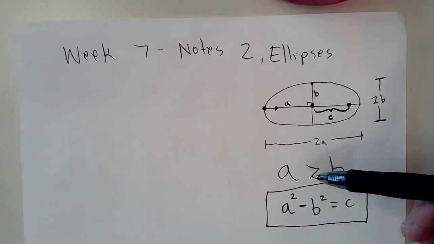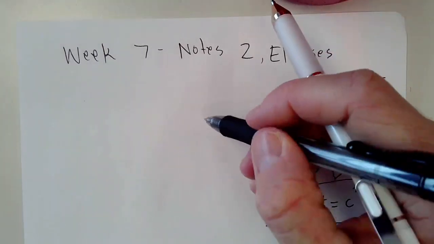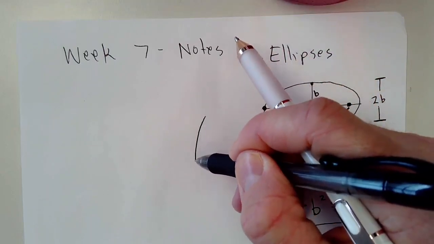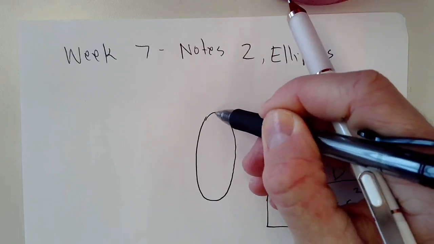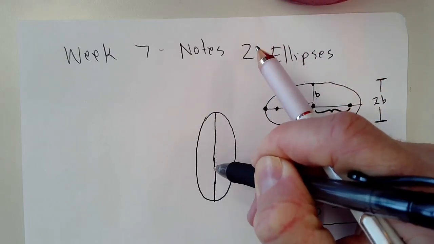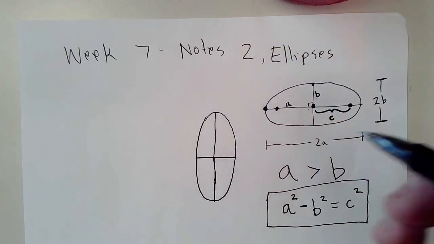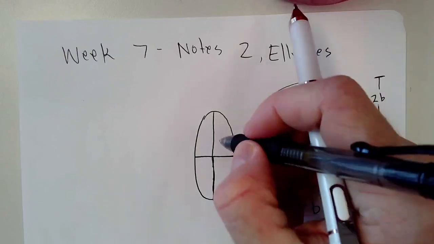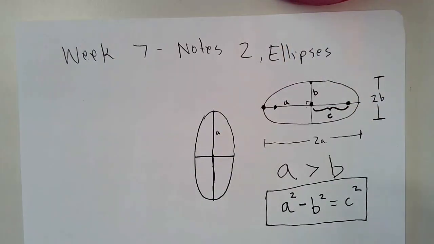I said that A is always greater than B, so sometimes you can have ellipses that are kind of squashed, but they're going in this direction. In that case, right here, this would be the major axis, if I could draw a straight line, which I didn't, but it's close enough. And then this would be the minor axis. So this would be A, the distance from the center to the edge of the ellipse there.